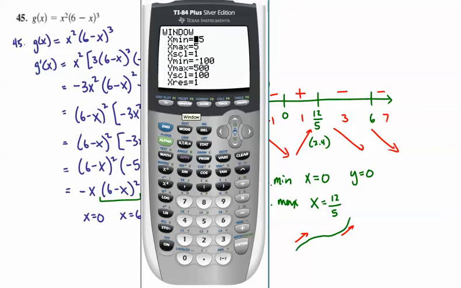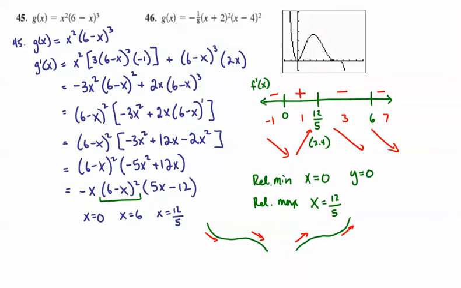Turns out that I go from -5 to 5 on x's, -100 to +500 in steps of 100 on the y's. And so there we can see that we have the minimum at x equals 0, but this is not going to be sufficient because we don't see what's happening at x equals 6. I'm going to expand this again. Alright, that's better. I go from -2 to +10, and I'll take a picture of this and put it on the workspace. And we can see exactly what happens when we have that multiplicity of 2 at x equals 6.